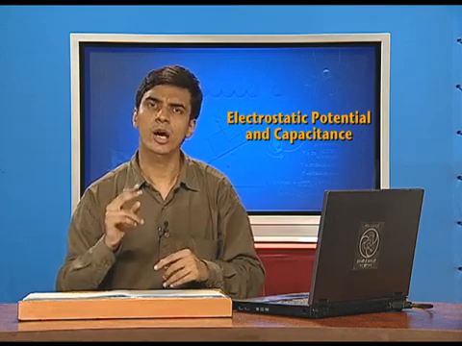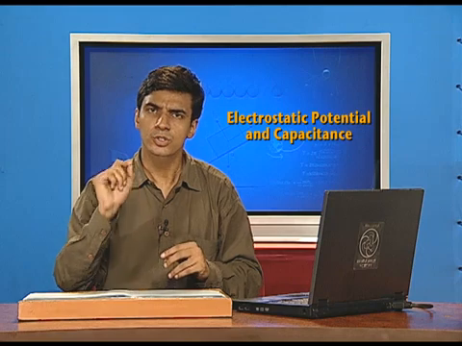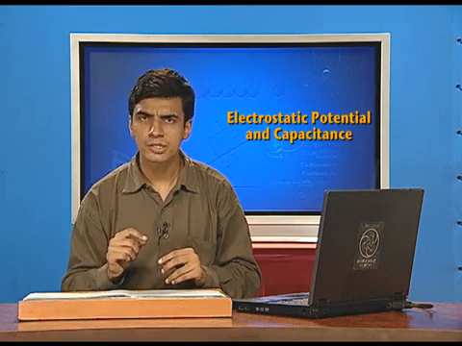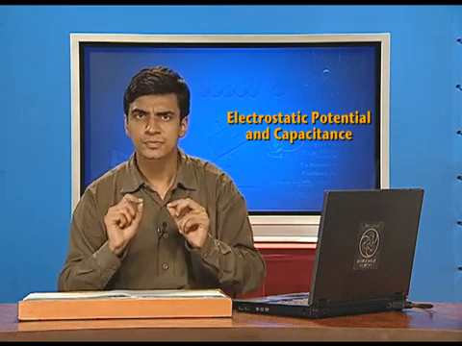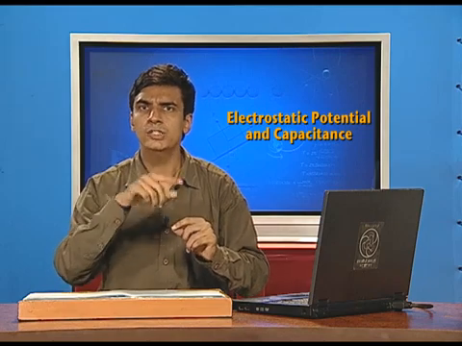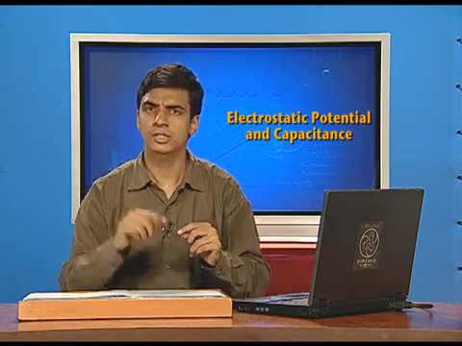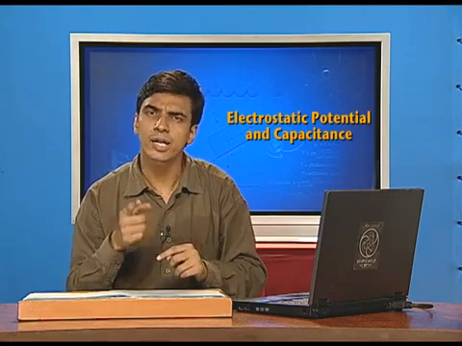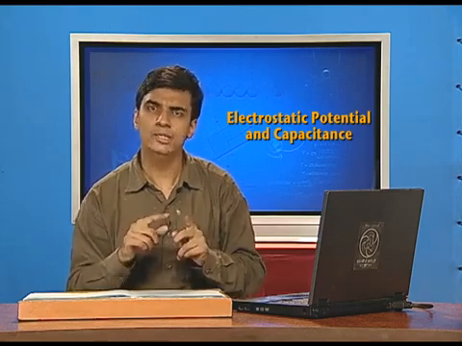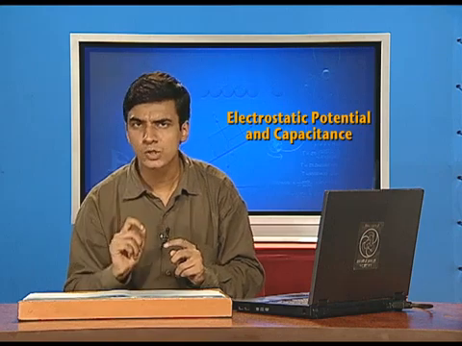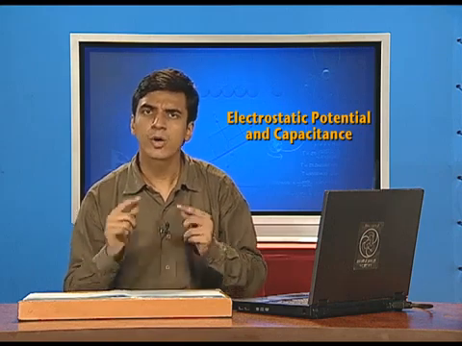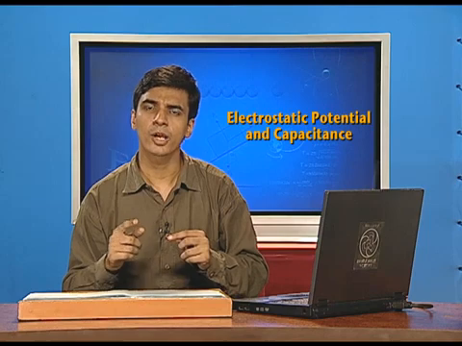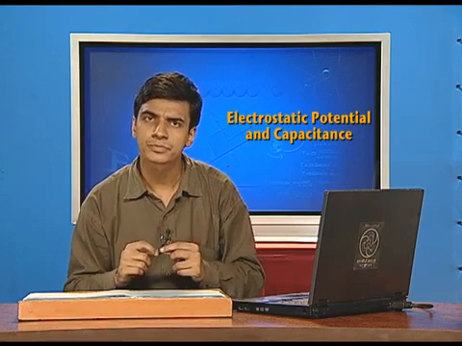Then we saw a very peculiar thing. For a single charge the dependence of the potential is 1 by r, but in the case of a dipole the dependence of the potential was 1 by r square. And we also gave the reason why that all happens.